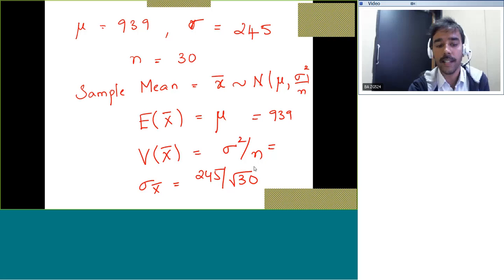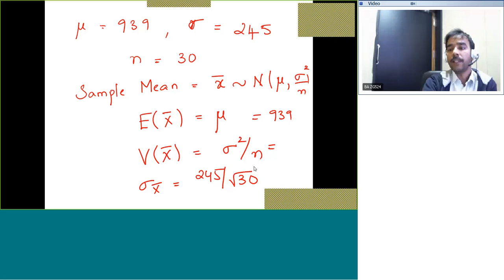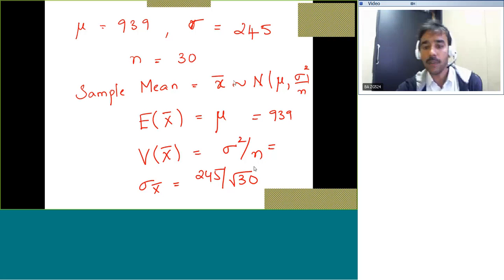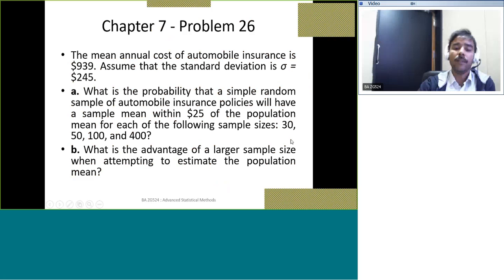Right? So we'll go to the next one. We want to calculate that the sample mean is within $25 of the population mean, for each of the following samples. So let us calculate that.